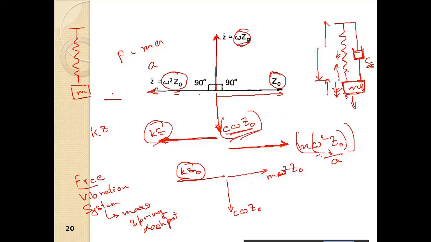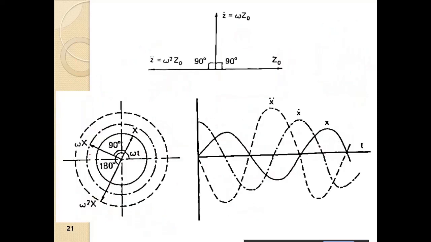But then what will happen when the mass undergoes simple harmonic motion? The entire phase diagram will rotate. Okay, and the frequency of rotation will be the same as the frequency of the system. As it rotates, we have this displacement curve with time.